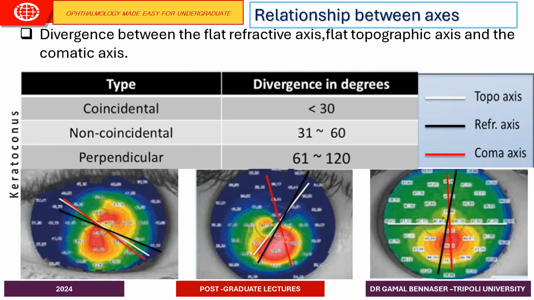If the patient has high order aberrations, we will place the ring based on the coma axis, or some doctors say that you find the intersection between these two axes and place your rings. So this is a very useful analysis point in the topography when analyzing the patient for intracorneal ring implantation.